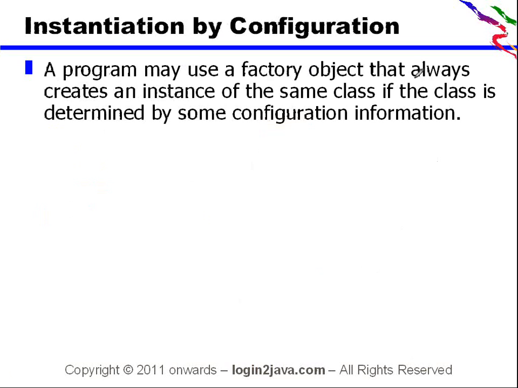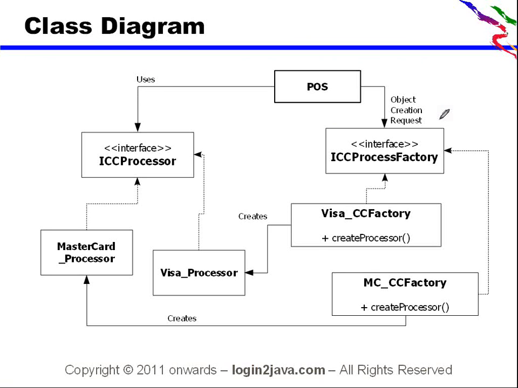A program may use a factory object that always creates an instance of the same class if the class is determined by some configuration information, right? This is what we have discussed with the credit card example. So see this particular class diagram. I will give you a minute to go through this class diagram and then we'll explain it.